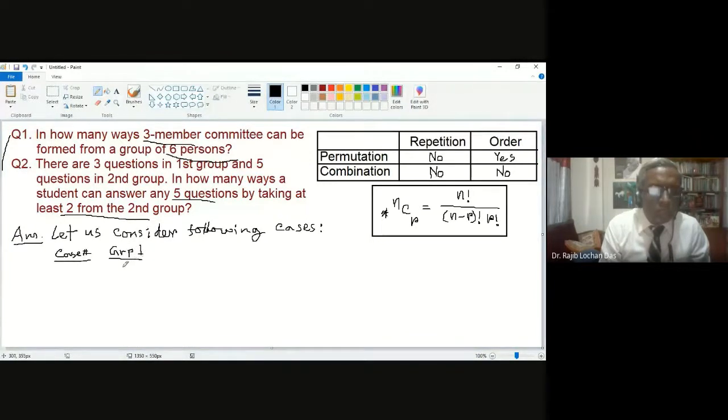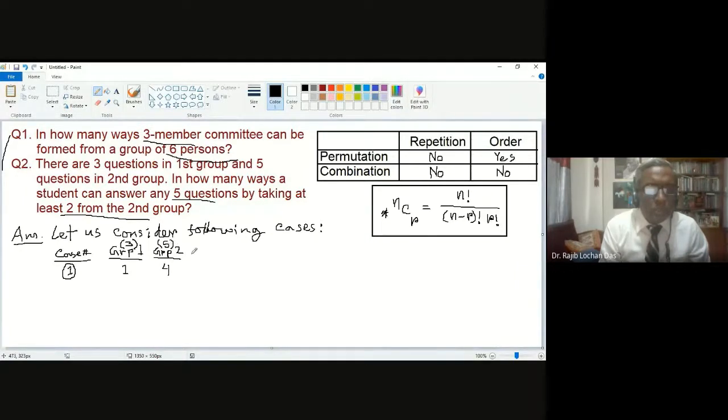Possible, right? One question from group number one and four questions from group number two. It is possible. So case number one: one question from group number one, and you have 3 questions actually in group one, and you have 5 questions in group two.